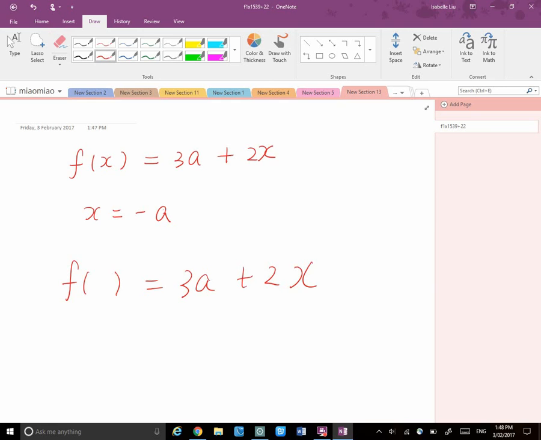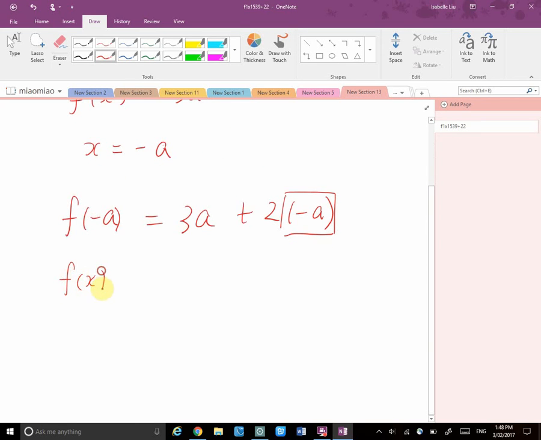That becomes an open box. Just remember, what you put in here will go to that box. So I will put negative a here because x equals negative a. Therefore, my negative a will go here. That's how you do substitution.